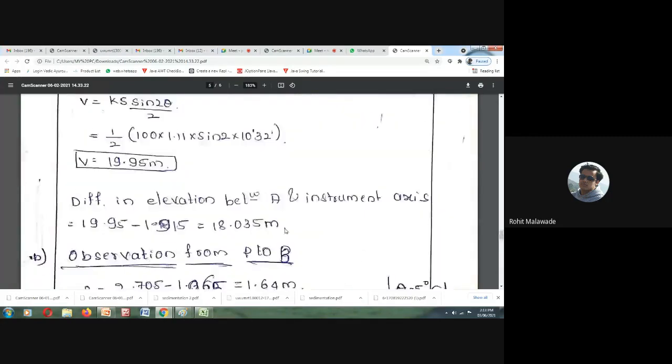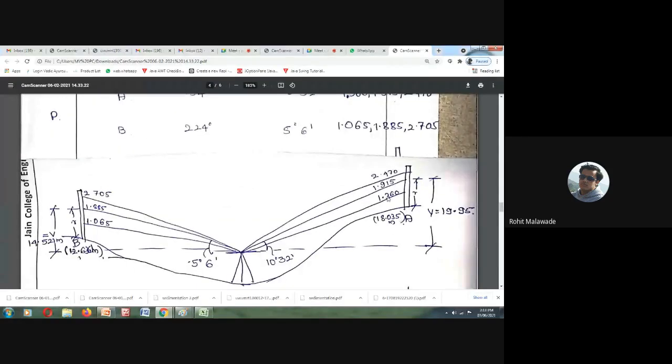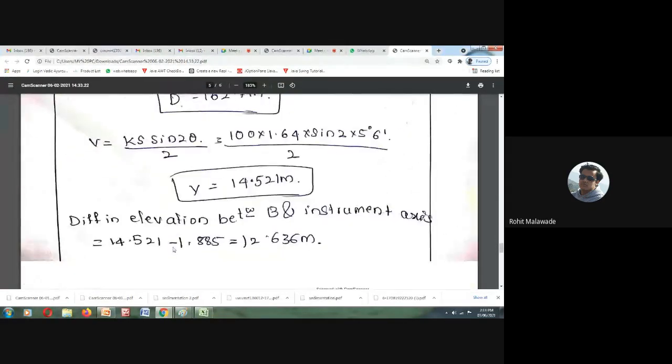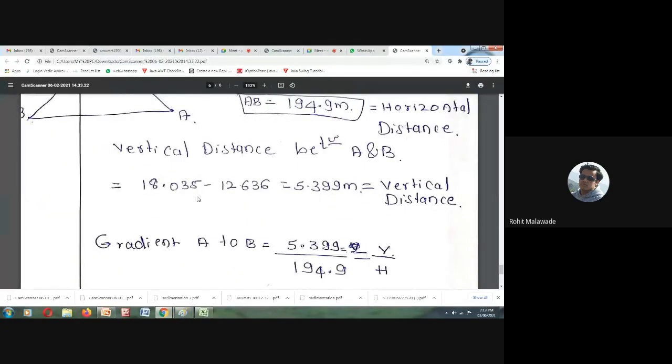The vertical distances are 18.035 and 12.636. If I do 18.035 minus 12.636, I get 5.399 meters. The vertical distance from the line of sight to A is 18.035, and from the horizontal line of sight to B it is 12.636. So the vertical distance between A and B is 5.399 meters.